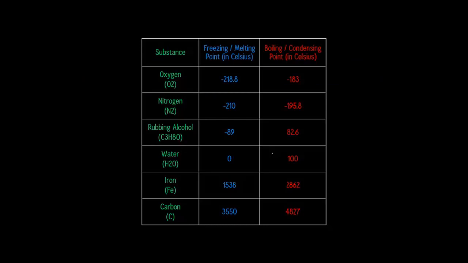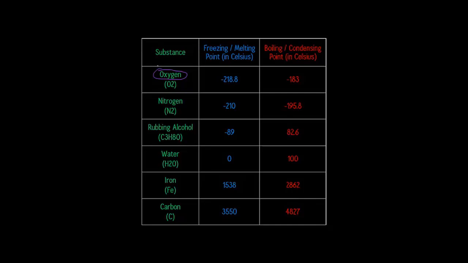So here's a chart that shows the freezing, melting, and the boiling condensation points of some different substances. So you can see that some substances, such as oxygen, only require a little bit of heat energy to make those molecules start moving fast enough to turn into gas. So oxygen is already a gas, even at very, very cold temperatures, because they just don't need much heat energy to move fast.